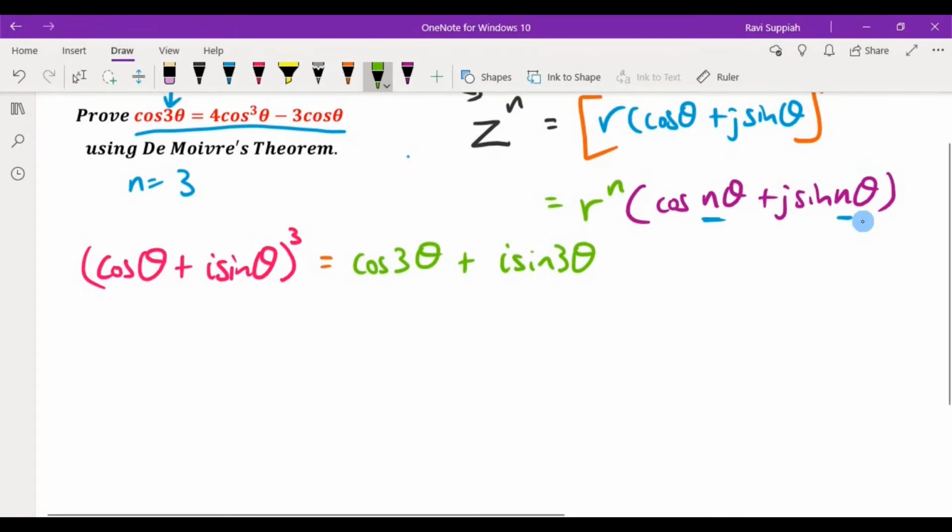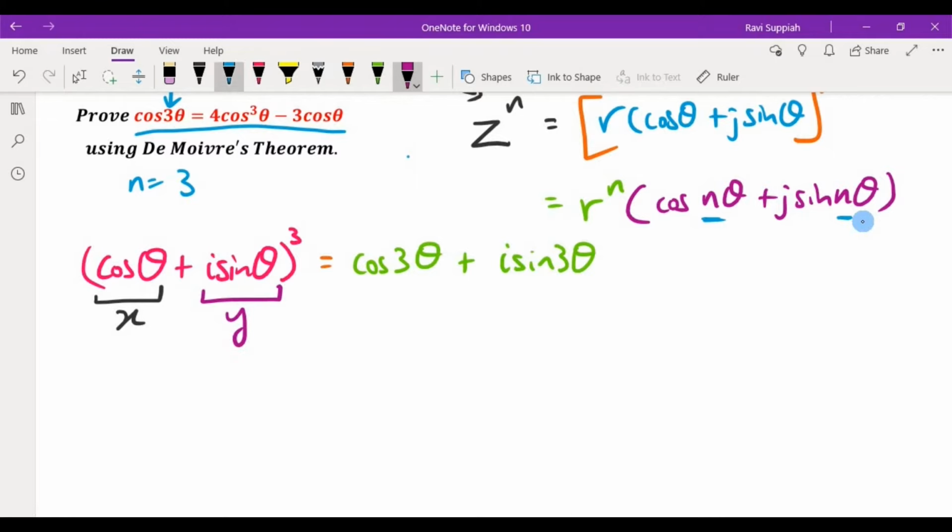Now what we're going to do is see how this would expand if I were to do it in the algebraic fashion. To make our analysis a bit easier, I'm going to represent cos theta with x and i sin theta with y.